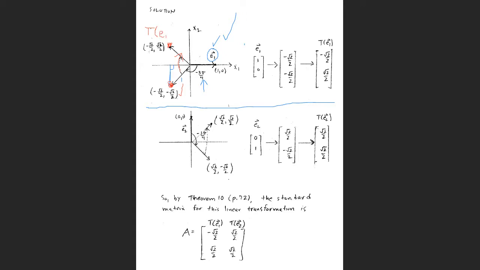This is where it ends up. So when you have two transformations, you do them separately: you take E1 and do the first transformation, then you take that point and do the second transformation, and that gets you the transformation of E1.